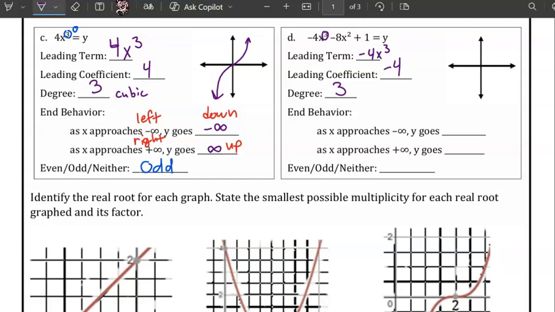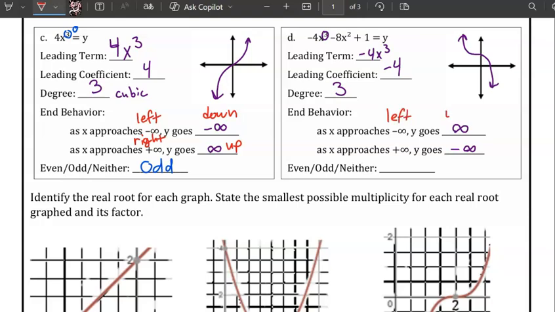Our graph will look something like this. As x approaches negative infinity, the y is going to approach positive infinity. And as x approaches positive infinity, the right side, the y is going to be approaching negative infinity.